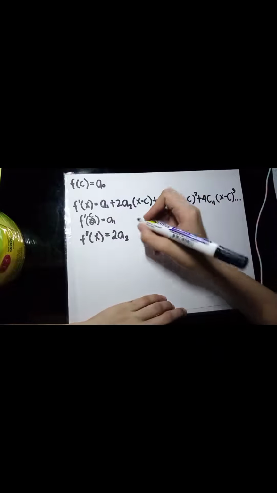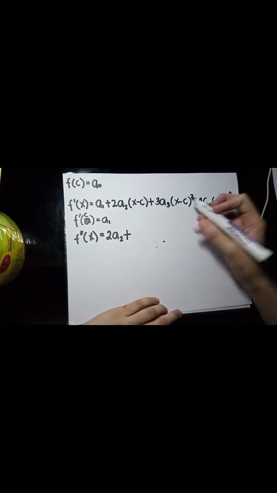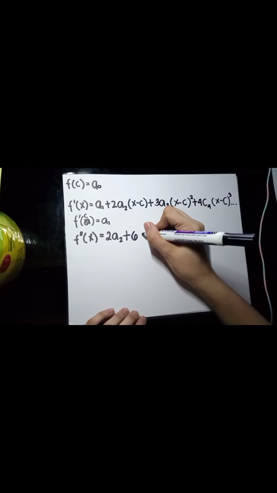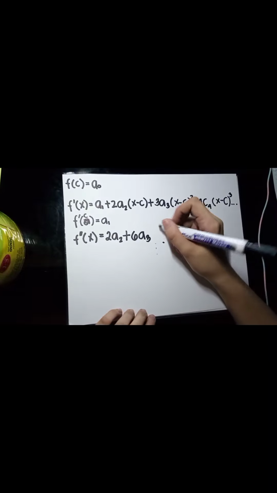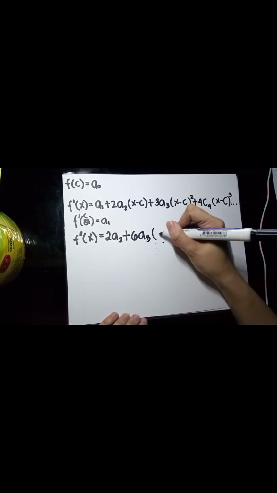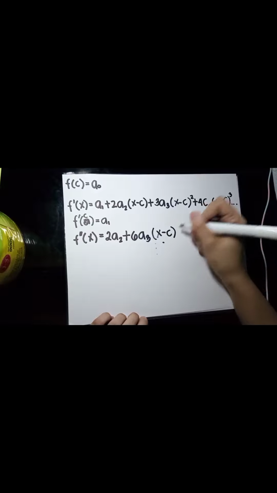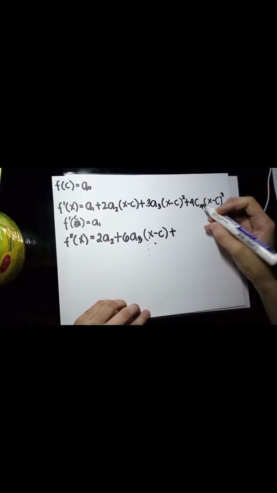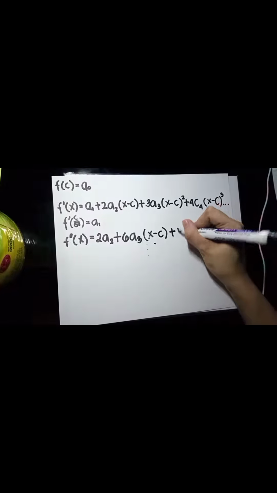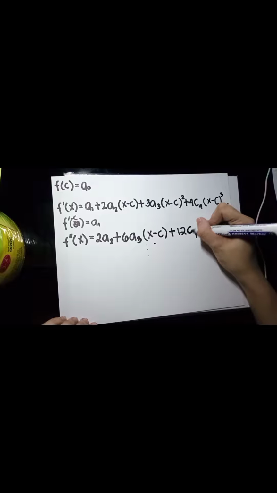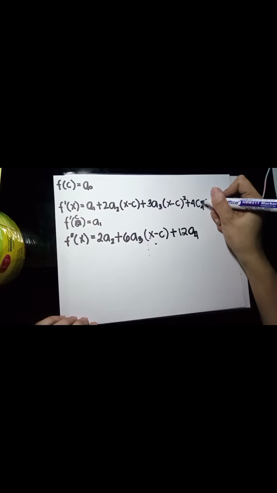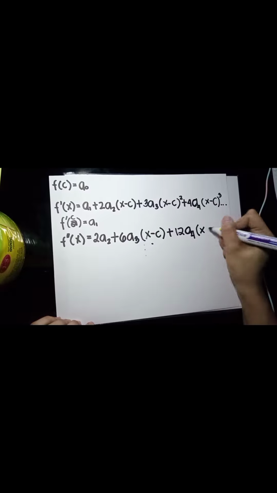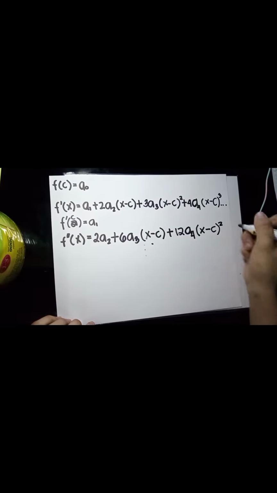Then we have 3 times 2, so this will become 6a3 times the quantity of x minus c, plus 4 times 3, which equals 12, 12a4 times the quantity of x minus c squared, and so on.